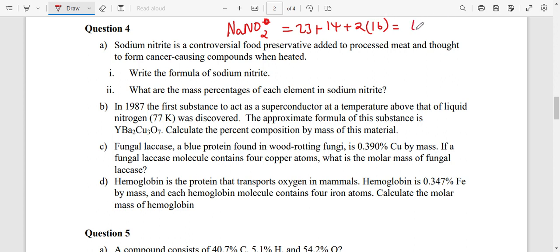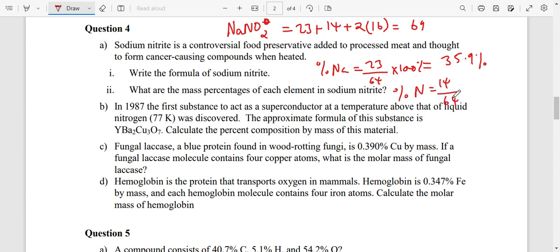That is going to give us 69. So if you want to find the percentage of sodium, it's going to be 23 over 64 times 100. That is 100%. 23 divided by 64 times 100 is going to give us about 35.9%.